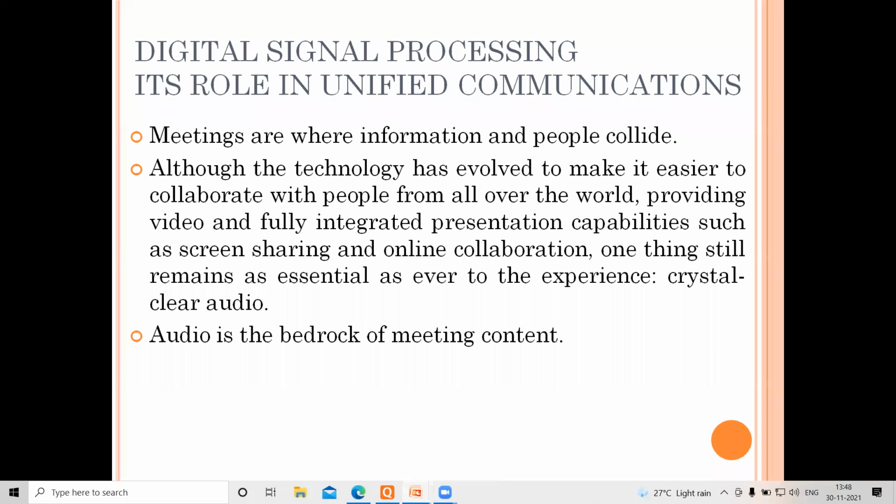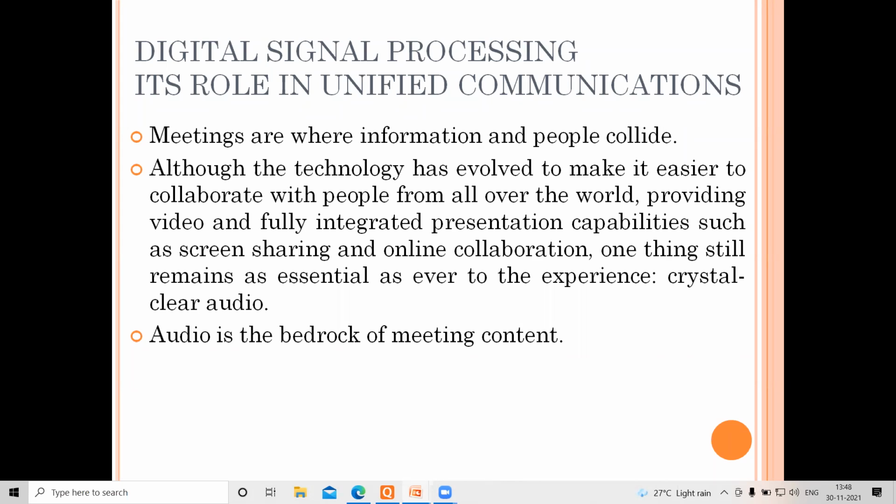Neither I, as a transmitter, will be able to pass on the information which I want to. Therefore, meetings are places where you have a lot of requirements and applications of DSP, where information and people collide.